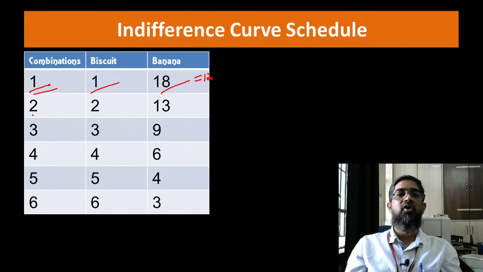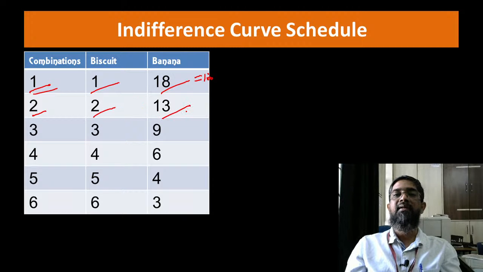And the second combination is giving you, what is the second combination? 2 units of biscuit and 13 units of banana. This will also give you the same satisfaction, say 100. Third combination, 3 units of biscuit and 9 bananas. This is also giving you the same satisfaction. Fourth one, 4 units of biscuits and 6 units of bananas.